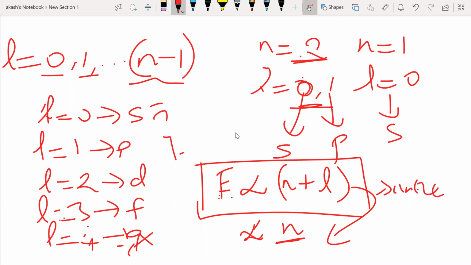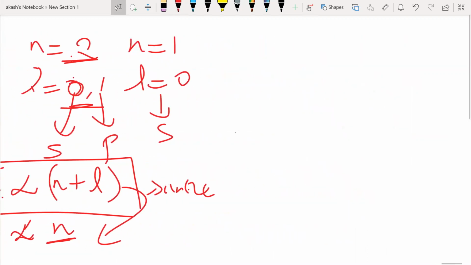Only if we have same n plus L value, then you have to look at the principal quantum number. Whichever has higher principal quantum number is going to have higher energy. If you remember this, you'll be able to easily draw the Aufbau's principle, like which subshell the electron has to be placed in first, which subshell next. All these things can be easily calculated. Okay, fine. So that is about your azimuthal quantum number.